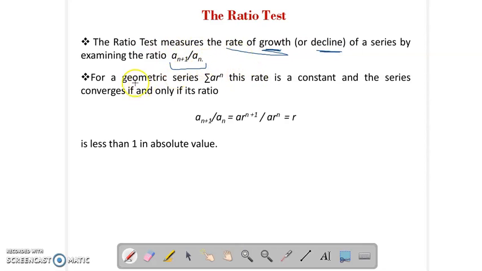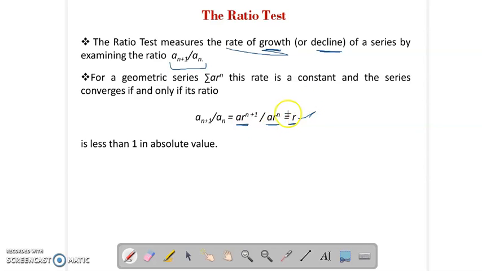For a special case, suppose the series is a geometric series. Then a_(n+1) by a_n is a times r raised to the power n+1 upon a times r raised to the power n, which is equal to r. And r is the common ratio, which is a constant.